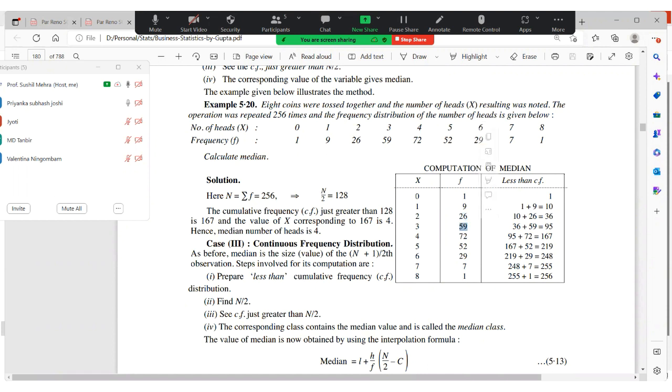This comes to 256. 256 is the total frequency, that means the sum of all these numbers is 256. Clear?